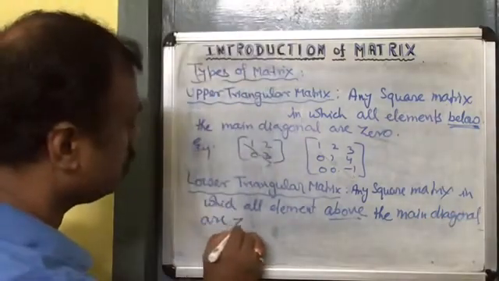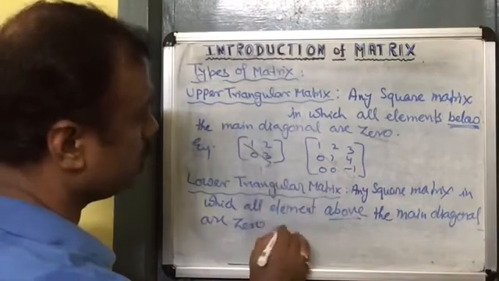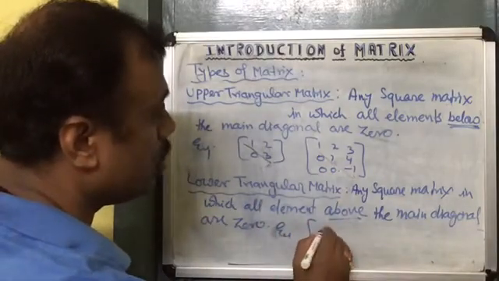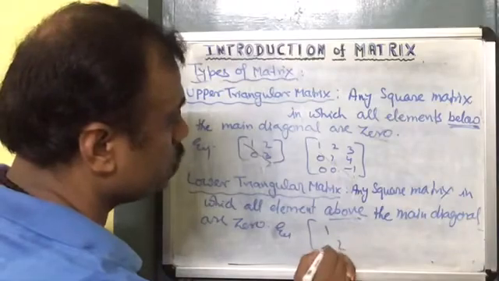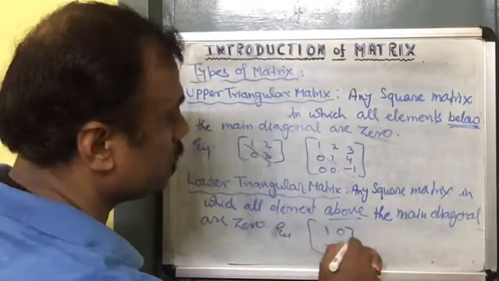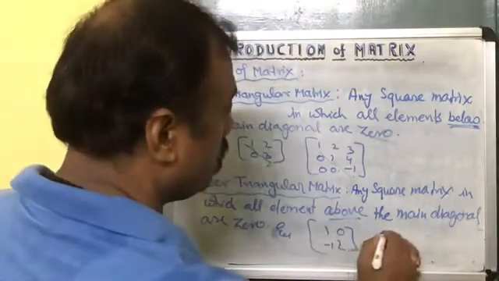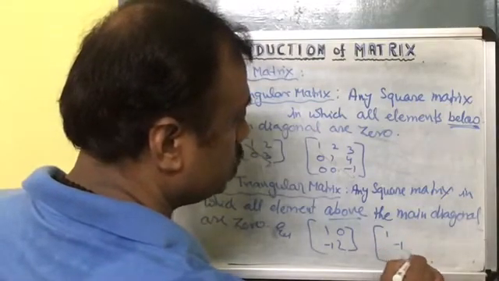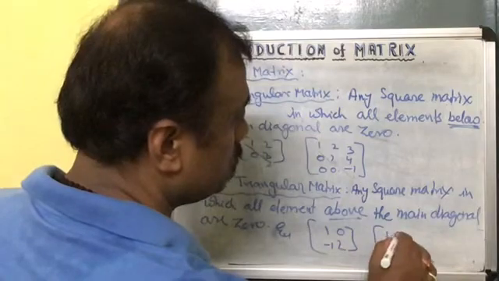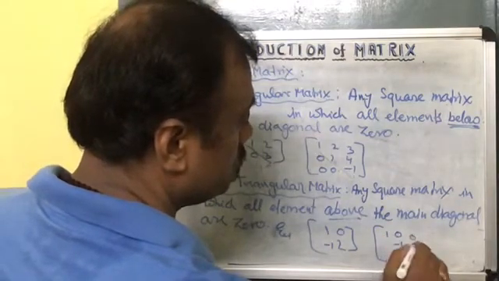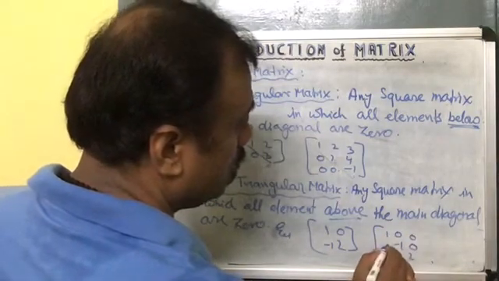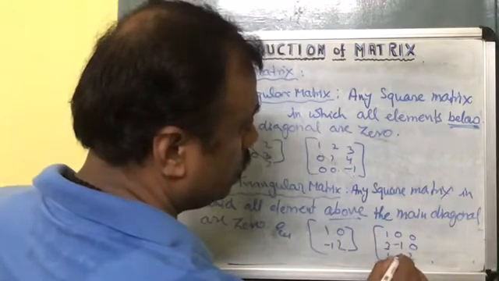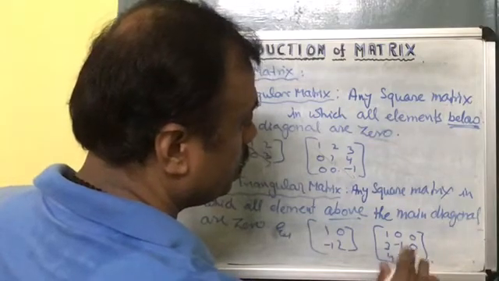Example, 1, 2, minus 1, here 0, or I am going to take 1, minus 1, 2, 0, 0, 0, 3, 4, 5, we can take, no problem.